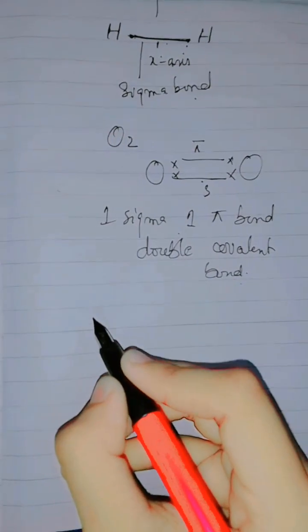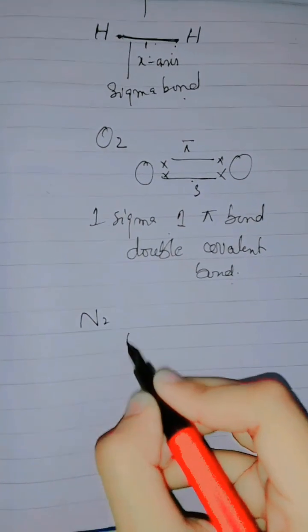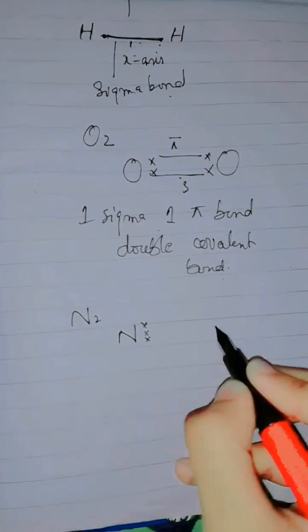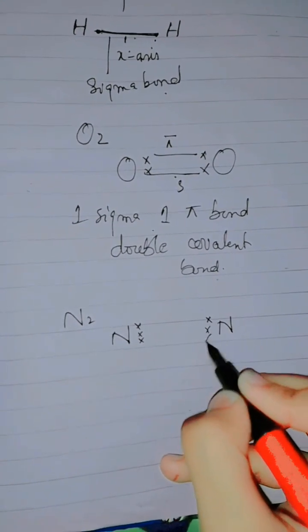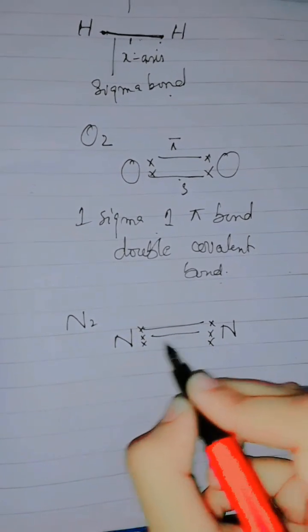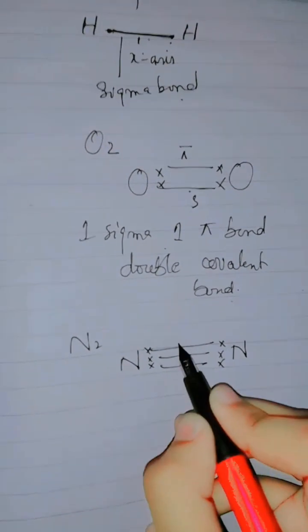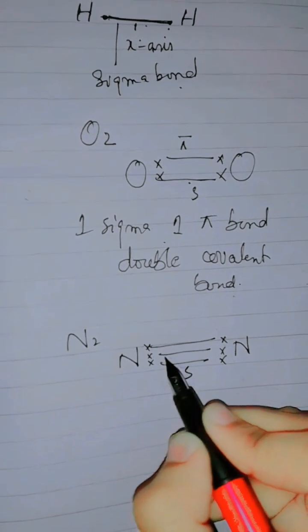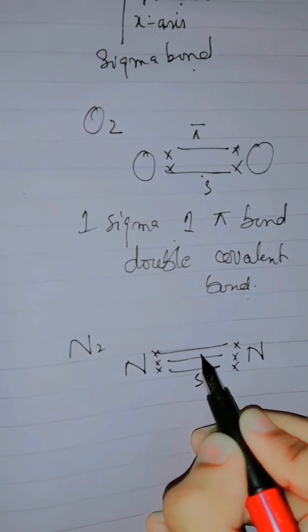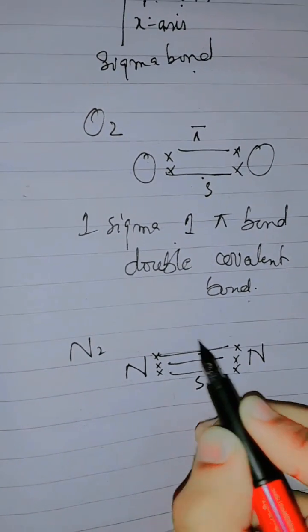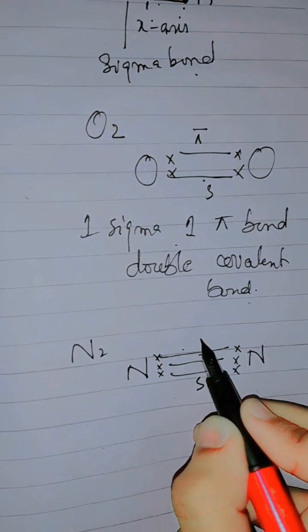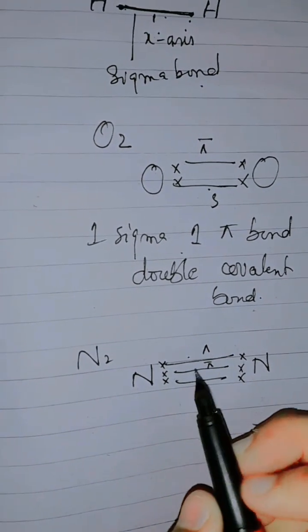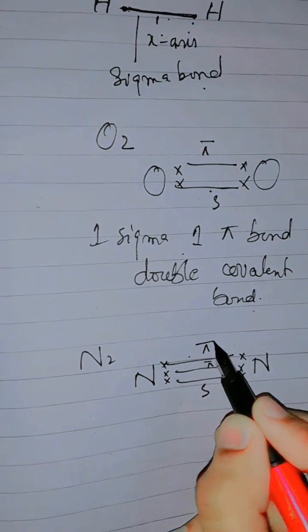If I talk about the triple covalent bond, that is N2, it makes a triple covalent bond. It has three unpaired electrons: first bond, second bond, and third bond. The first bond will be made on the x-axis, that will be a sigma bond. Second, it will make a bond on the y-axis, that will be a pi bond. Third, it will make a bond on the z-axis, and that will be a pi bond.